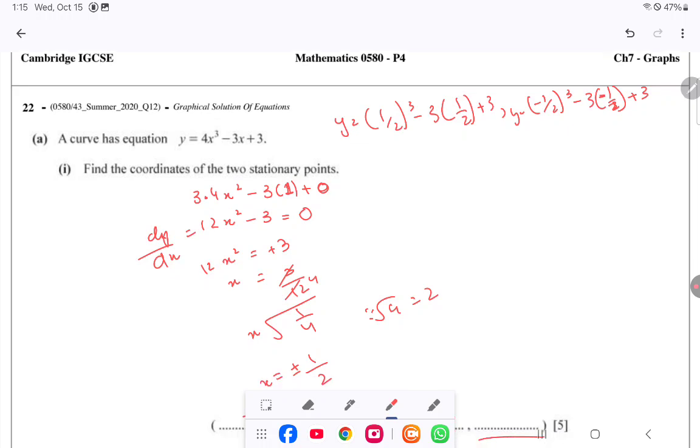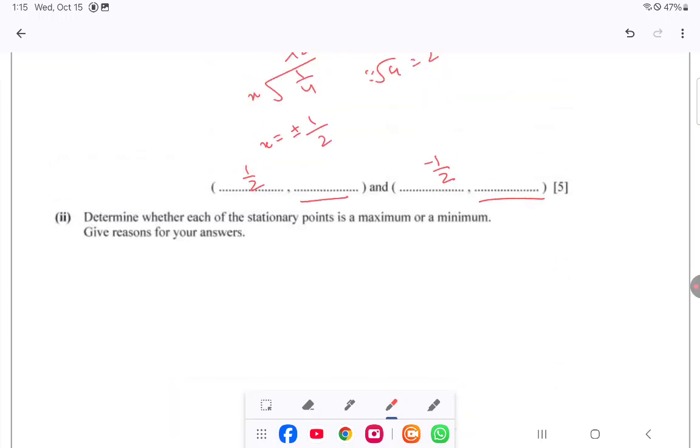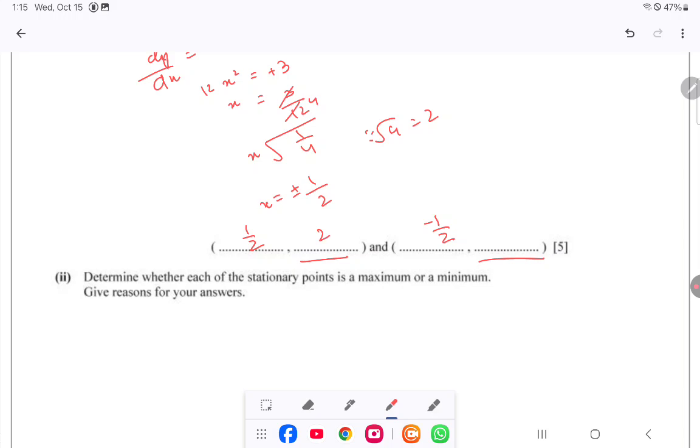If we solve it further, for the negative it will give you the value of 4, and for the positive it will give you the value of 2. These are the two values. For positive it is 2 and for negative it is 4.